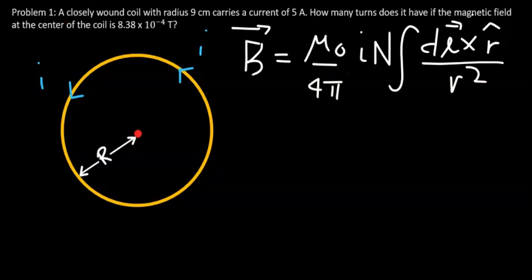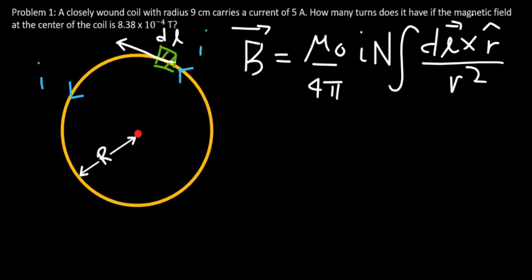So let's look at a random element of current that makes up this entire coil. The length of this element is, let's say, dl, and the direction of this element, the length element vector, follows the direction of the current, meaning it's going like that, in a direction that is tangential to the point where the length element is.